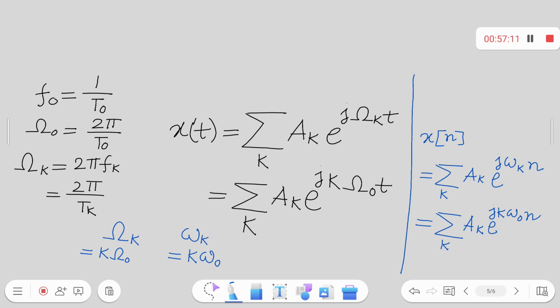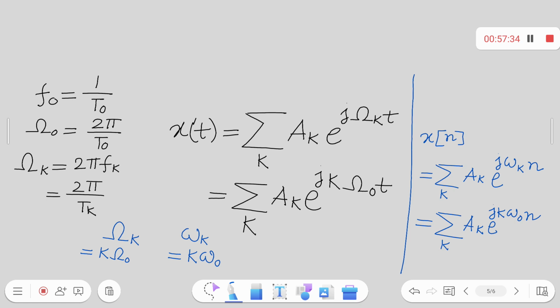But a k doesn't repeat. Even so, you are getting the same basis function, which doesn't make any sense. What is our objective? Our objective is to represent the signal. Even if you have some a k and a k plus n, that can be considered together as a different a k dash, something like that.